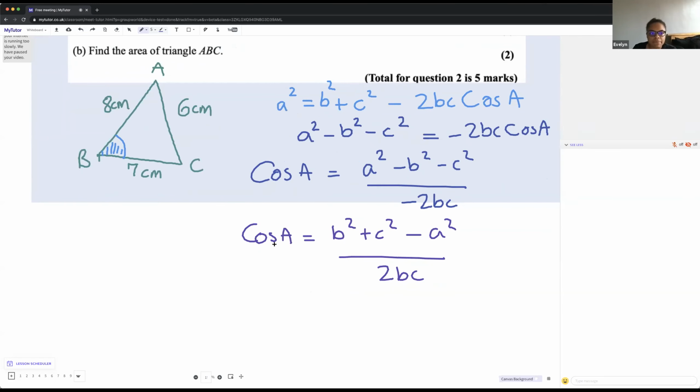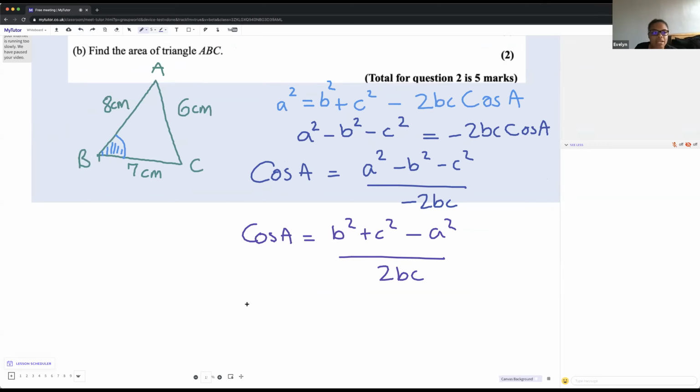You could relabel the triangle if you really wanted to. You could say this here would be A, because remember, we're working out angle A. It will get a little bit confusing, so I'm going to try not to do that.